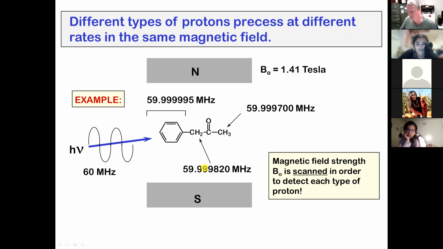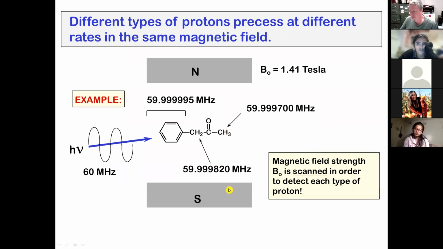They all absorb different frequencies of light. That is cool, right? Different types of protons precess at different rates in the same magnetic field, so we can distinguish the different parts of a molecule. That's essentially what NMR allows.